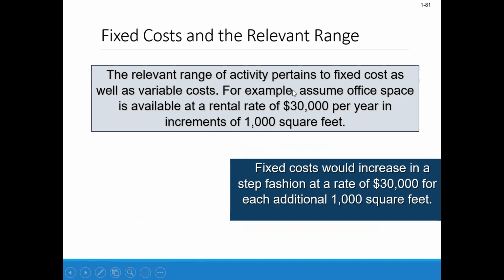For example, assume office space is available at a rental rate of $30,000 per year in increments of 1,000 square feet. Fixed costs would increase in a step fashion at a rate of $30,000 for each additional 1,000 square feet that are needed. So if you need more square feet, then they're going to increase. But you can handle so much square footage if you're in a certain relevant range.